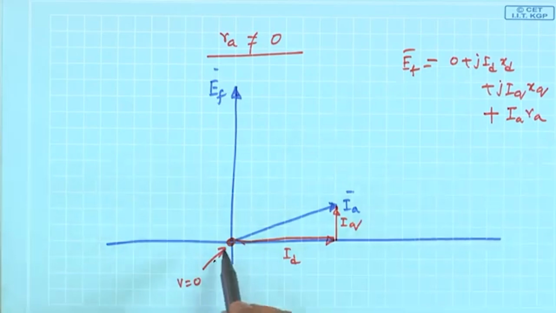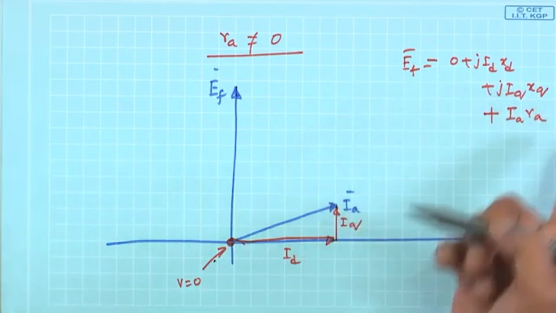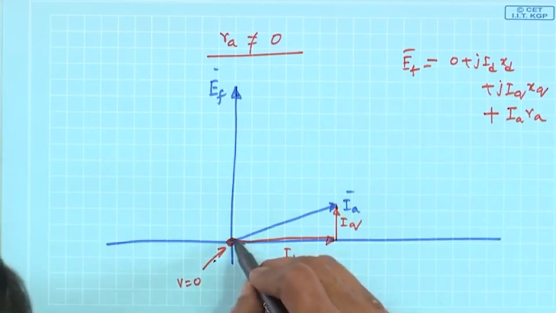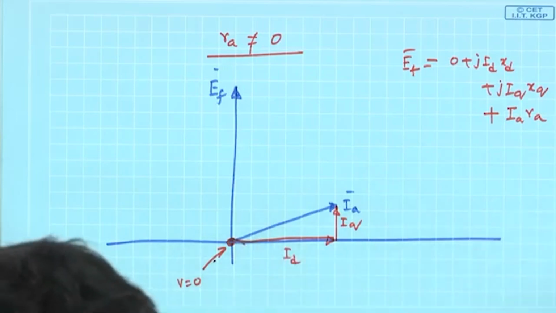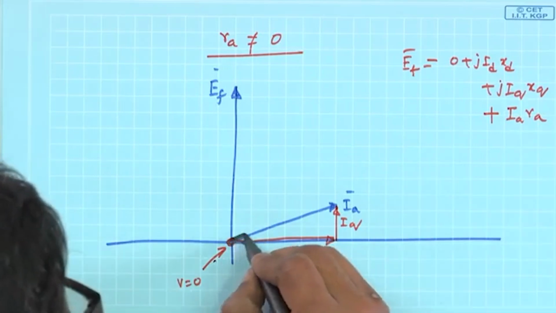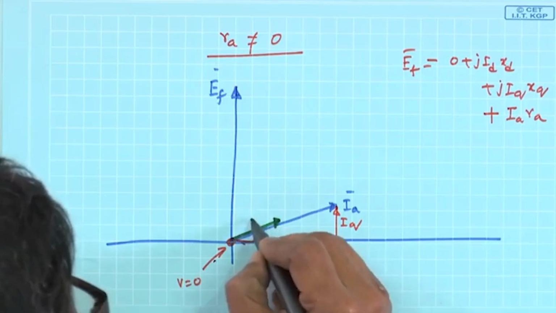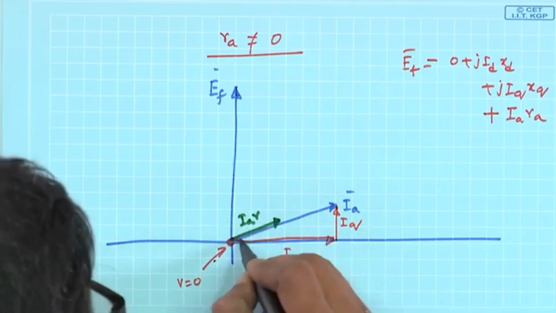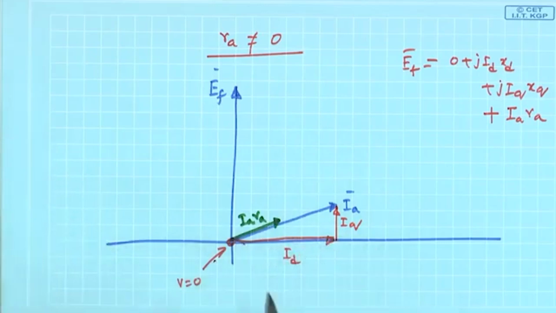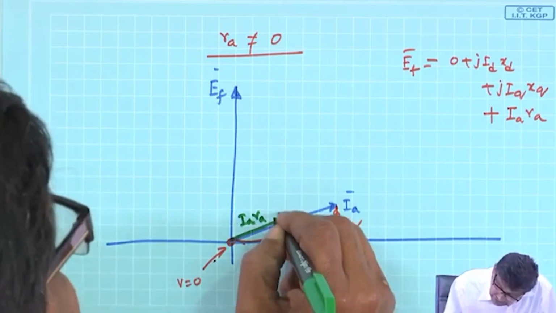So, I start with V equal to 0, then I draw I A R A, I will use a different color. So, this is your I A R A, I am drawing it on a larger scale, it is small in reality, plus j I d X d, it will be like this.